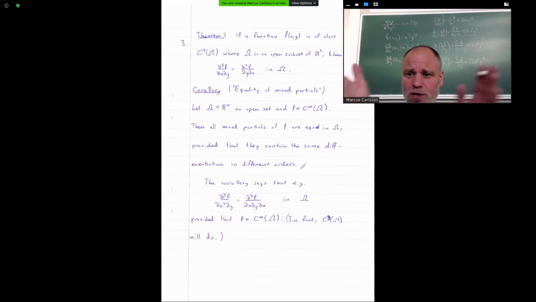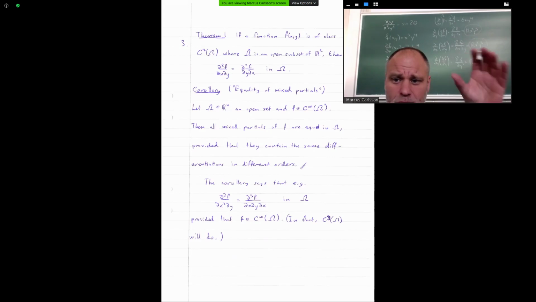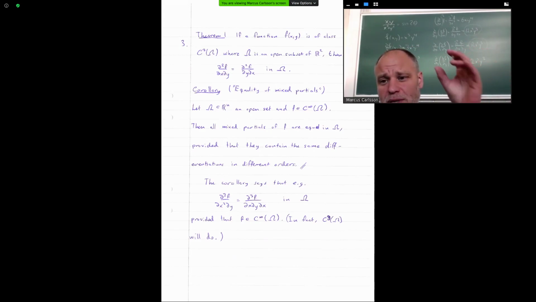So you can always reorder how you take your partial derivatives, as long as the number of derivatives with respect to x is the same as the number with respect to y in the different orderings. And this also holds in higher dimensions. So if there's a z direction, we're in R3, then it's true also.